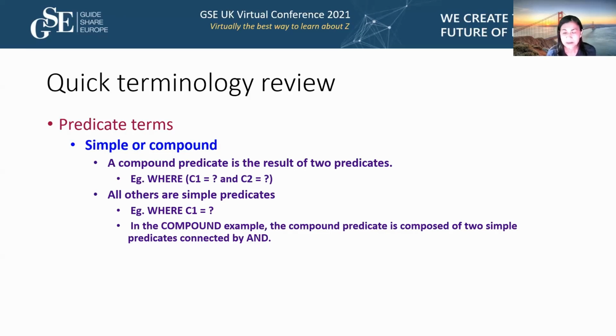A predicate can be either simple or compound. A compound predicate is the result of two predicates joined together by an AND or an OR condition. In the example, we have two simple predicates that are joined together by an AND condition. The simple predicate is a single term predicate.